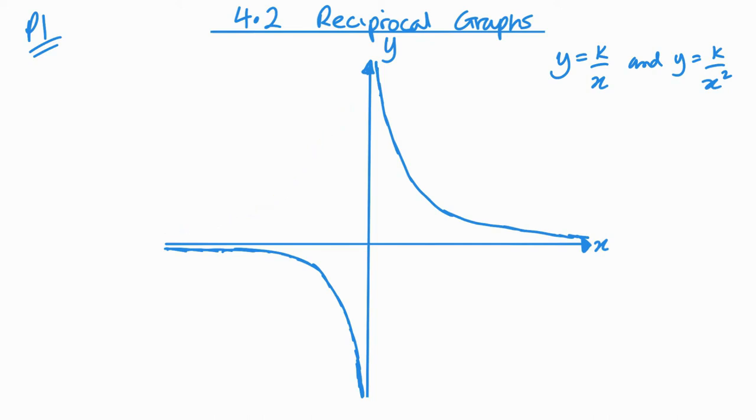That line has to head towards your axes. That's what you have to be careful of, making sure that it always heads towards the axes. So this is y equals k over x, where k is a positive number.